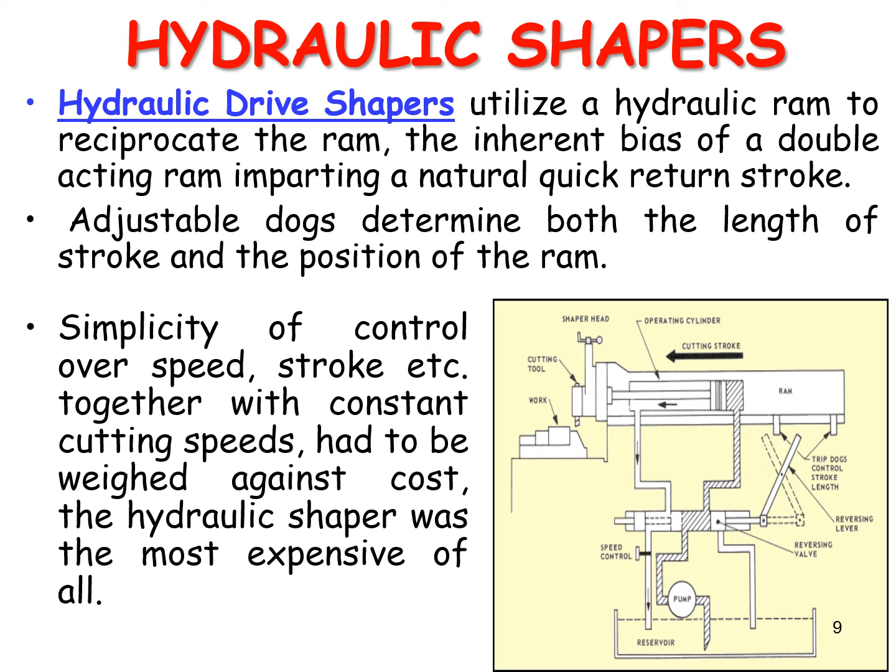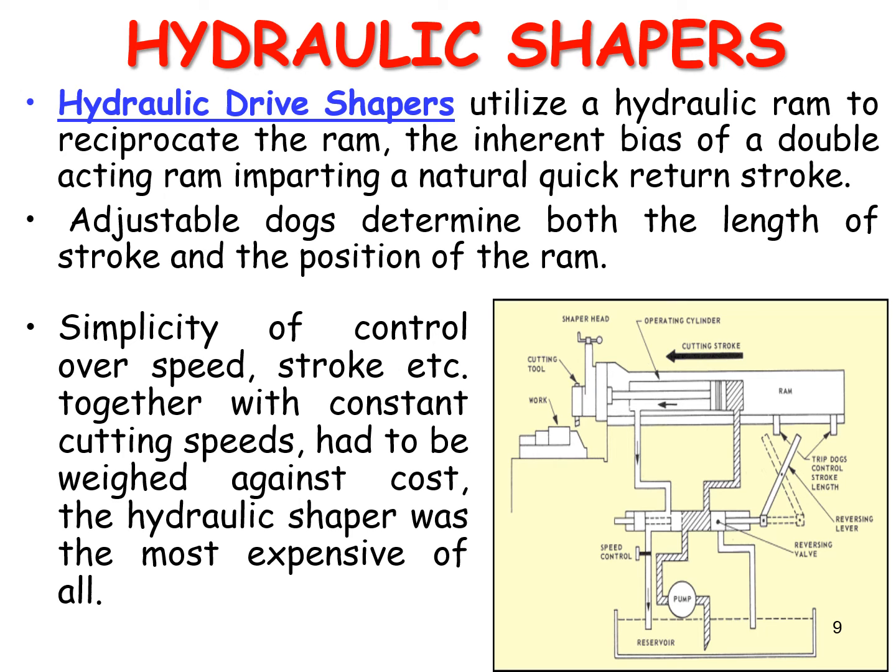In this simple picture, the hydraulic shaping machine mechanism is explained. This is the ram, and this ram is operated through forward and backward strokes by means of oil, with the forward and return stroke of the oil from the sump. The oil is directed forward and backward with the help of the directional control valve. So this directional control valve is used to push and release the oil pressure with the help of the oil pump.